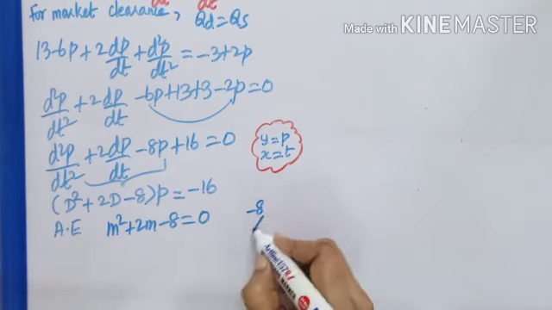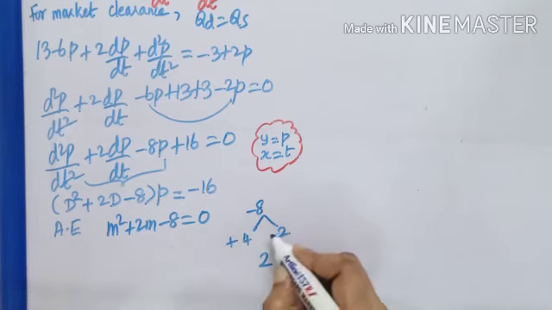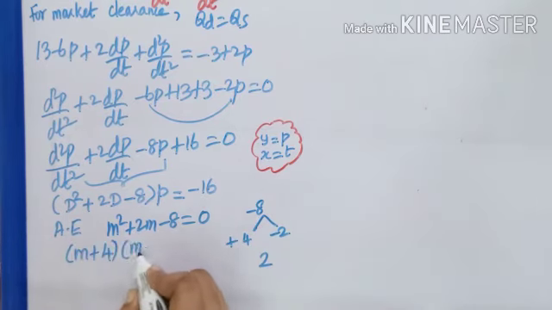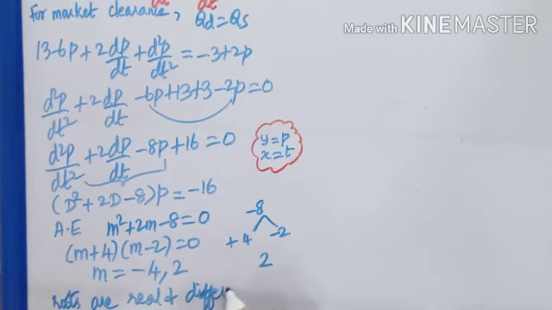Solving, product −8 and I need sum 2: 4 and 2, with plus and minus. So my answer is (m + 4)(m − 2) = 0, or m is −4 and 2. The roots are real and different.